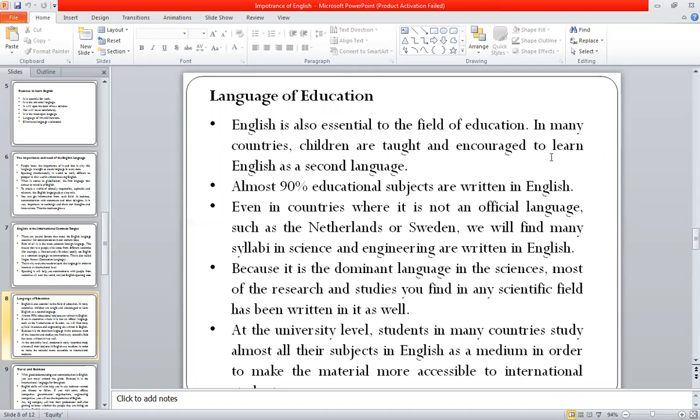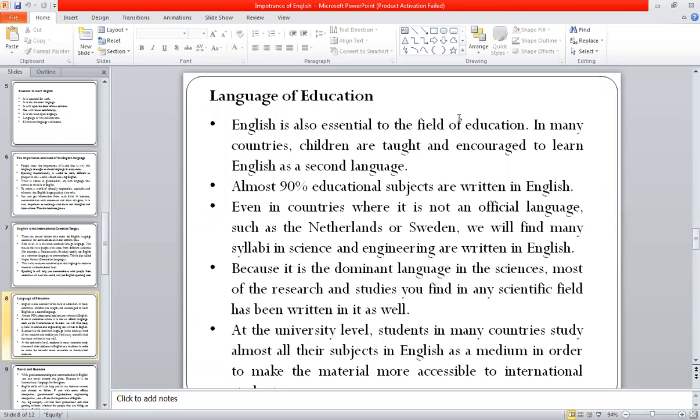And after that also, if you are learning bachelor of arts, bachelor of commerce, bachelor of science, then you will have compulsory English as a subject for your first year and second year of graduation. So that's why this is also a very important subject.